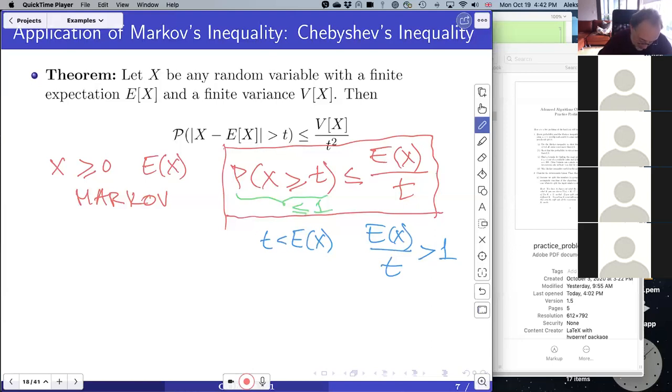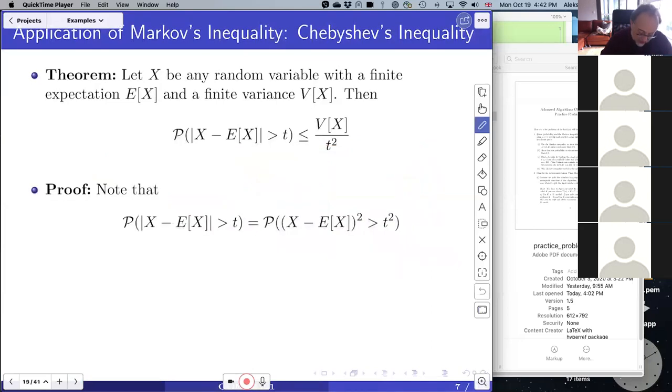Okay, now one application of this inequality is something called Chebyshev inequality. I forget who was whose student, Chebyshev and Markov. Chebyshev, actually, I mispronounced it. His name is Chebyshev. Either Markov was a student of Chebyshev or Chebyshev was a student of Markov, I don't remember, but I should have checked that.